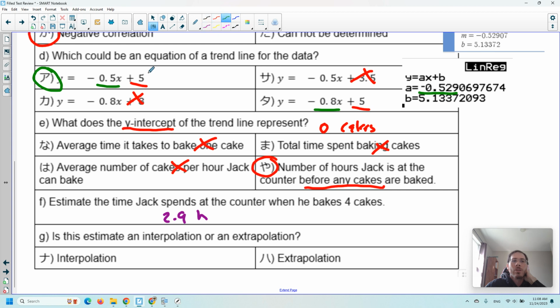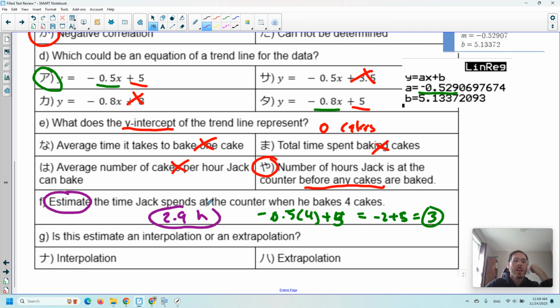So if I really wanted to, I could do negative 0.5 times 4 plus 5, negative 2 plus 5, not plus 4. Plus 5 is 3. So I could pick 3. I could pick 2.9. But since it's an estimate, if it's anywhere around 3, then that would be reasonable. So either of those choices would be reasonable because it is an estimate.